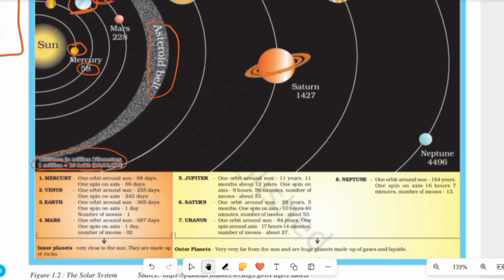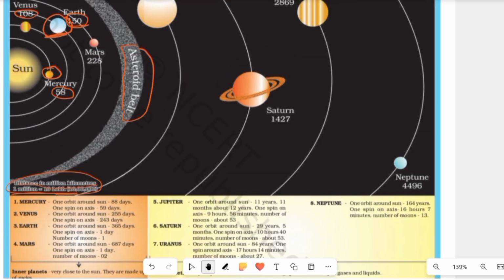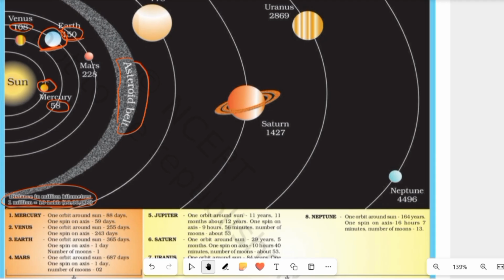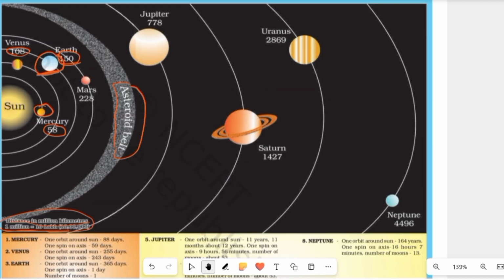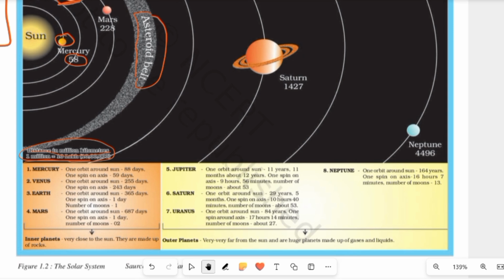And these belts, the asteroid and meteoroid belts, separate the planets of the solar system into two groups. The first one is known as inner planets, and the other one is known as outer planets.